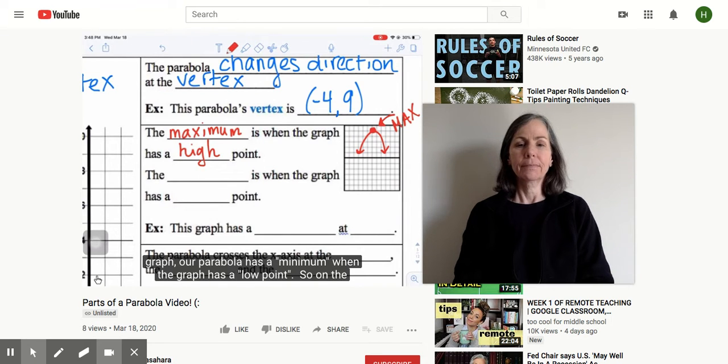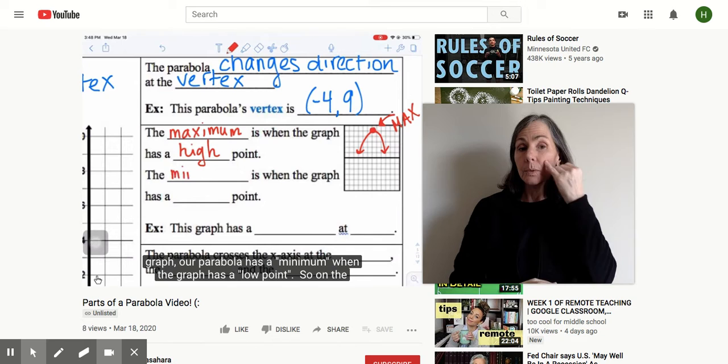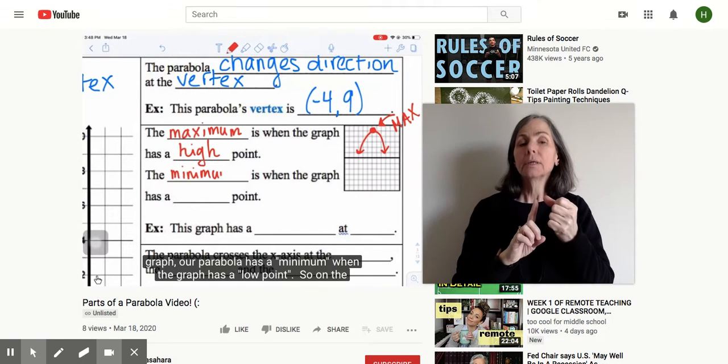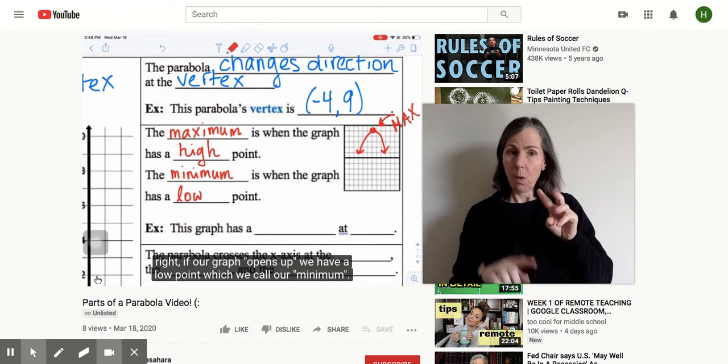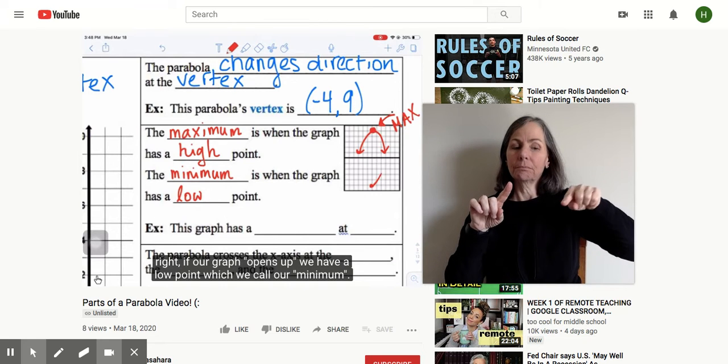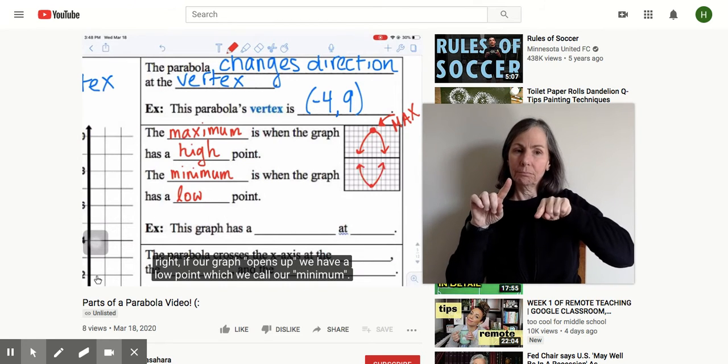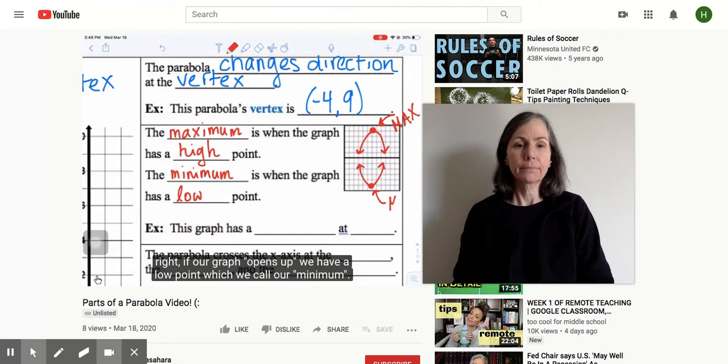Our parabola has a minimum when the graph has a low point. So on the right, if our graph opens up, we have a low point, which we call our minimum.